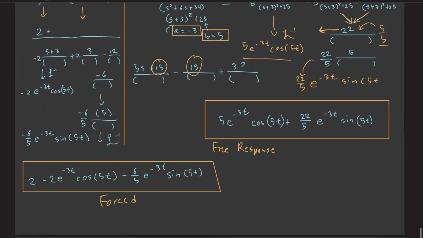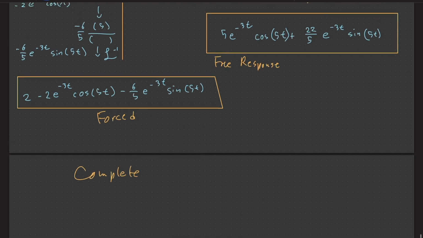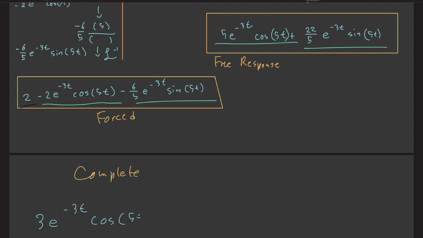So I kept them separate and I solved for them separately. Now I can go ahead and combine them into our complete response. I'm going to look for the similar terms. We have e to the negative 3t cosine 5t, e to the negative 3t cosine 5t, and our sine terms are here, and then the constant is by itself. So 5 minus 2 gets you 3e to the negative 3t cosine of 5t.